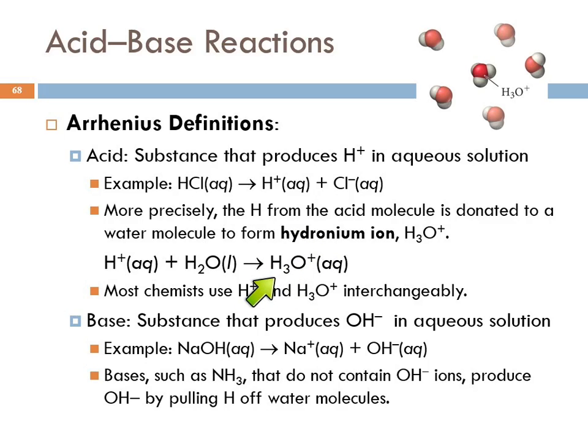Now, it gets a little tedious to always write out the hydronium ion in equations, and so often we'll just show H+. But a chemist understands that you can't have hydrogen ions by themselves. In chemistry land, I think of them as being infants, like a 3-month-old baby. You're not going to see a 3-month-old baby wandering around Disneyland by himself, right?